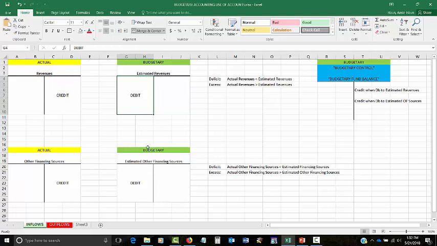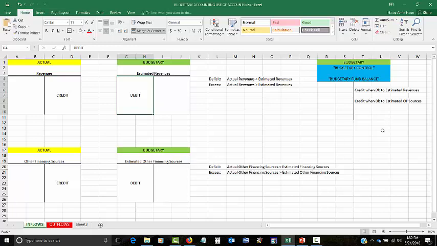And then we're going to establish a budgetary account for estimated other financing sources, which is a complementary or corresponding account to the other financing sources. Again, both of these are our regular operating accounts, but these are set up just for budgeting purposes.